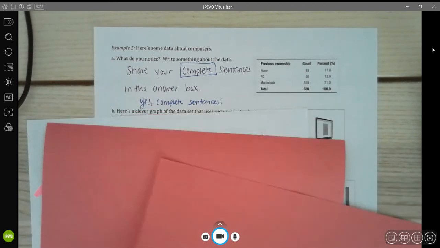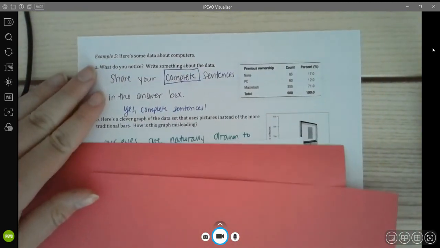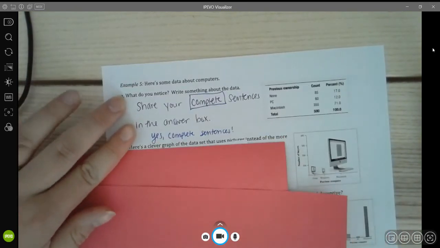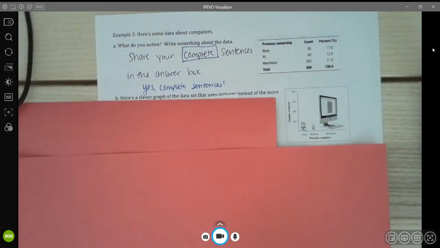Okay, so here is a clever graph that uses pictures instead of numbers and instead of bars. Are you noticing anything about this graph? Are your eyes drawn to area as opposed to the height of the computers that are there?